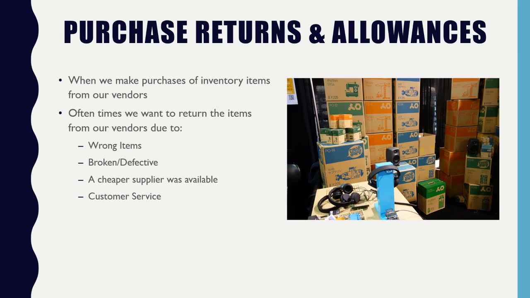You might have a cheaper vendor out there, and prices of things go up and their prices go up, and all of a sudden you want to resort to a cheaper manufacturer. Or if customer service is not up to par, that could also be a reason why you would return or get an allowance for these types of purchases.